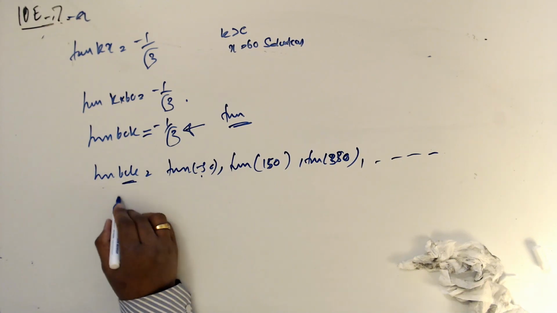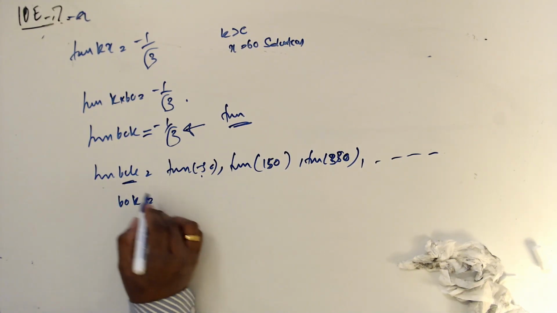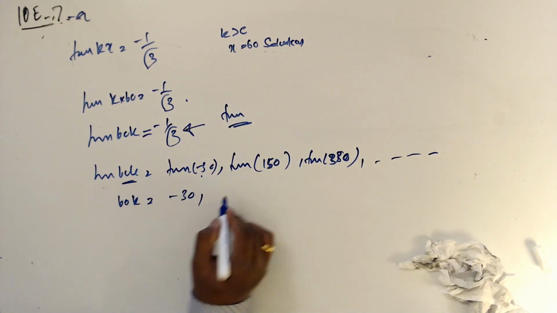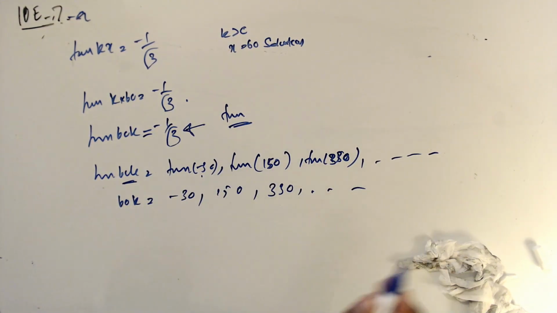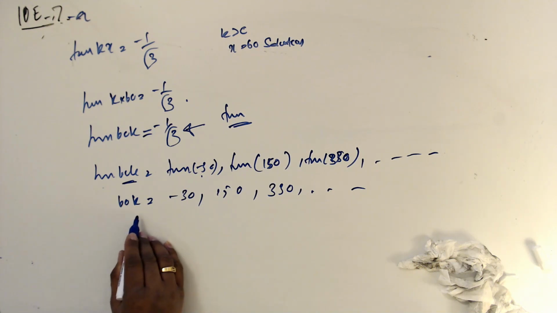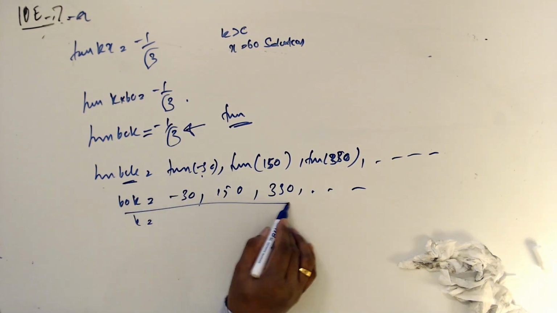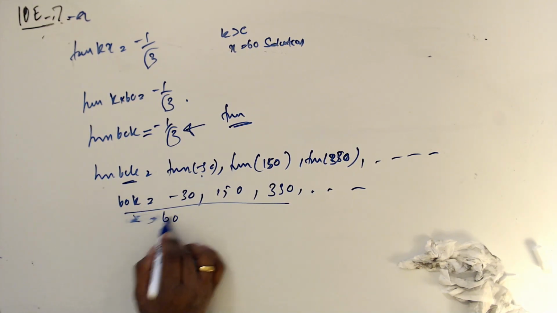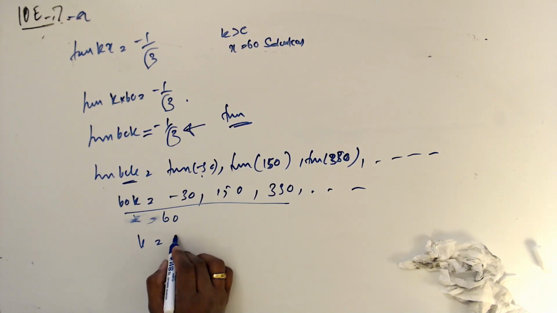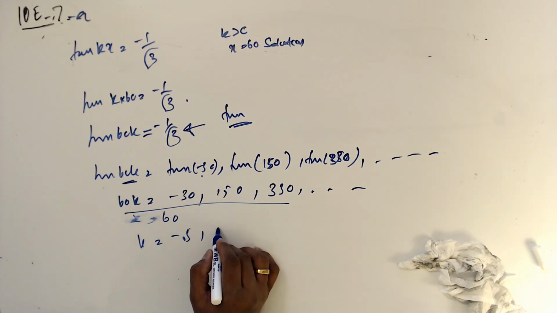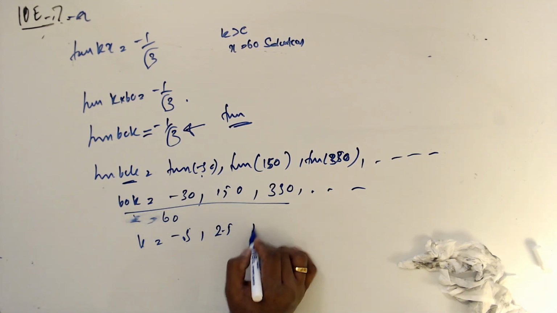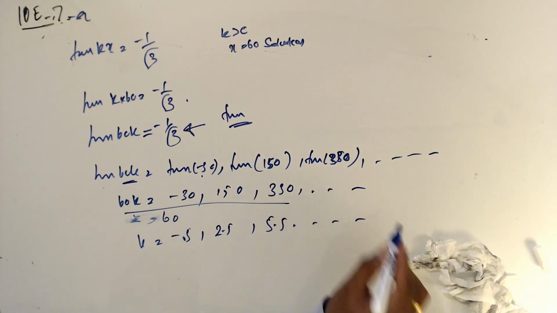You can tell 60k equal either minus 30 or 150 or 330 and so on. Then when I divide everything by 60, k is minus 0.5, this is 2.5, and this is 5.5, and so on.